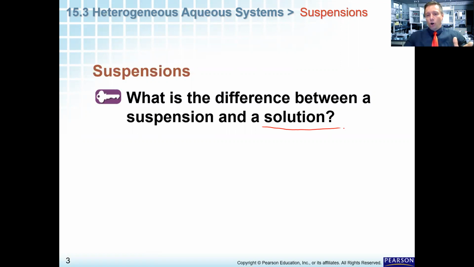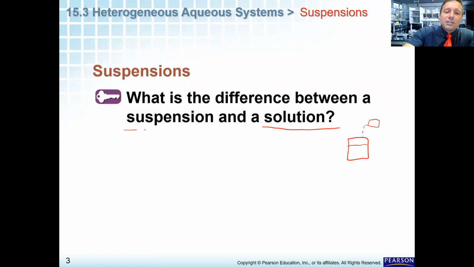So if you took some salt and you have this container right here, and it has water in it, and you pour some salt into that, and you stir it, that salt's going to disappear. That becomes a solution. So in that solution, the particles are very small, actually 1 nanometer or less. We'll talk about that a little bit more. So when you look at it, it is one phase. You don't see distinct areas or parts.